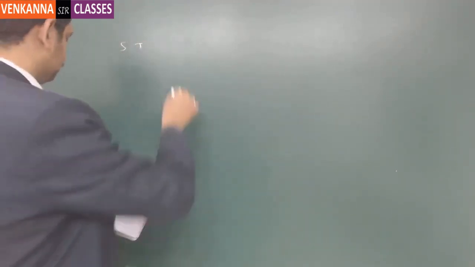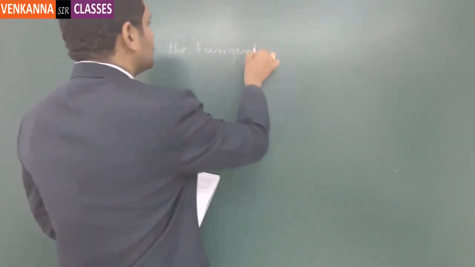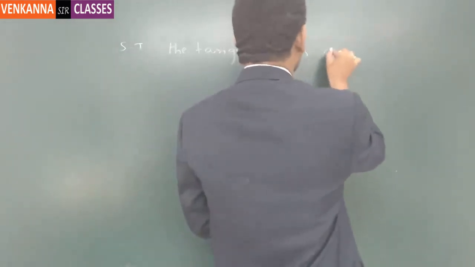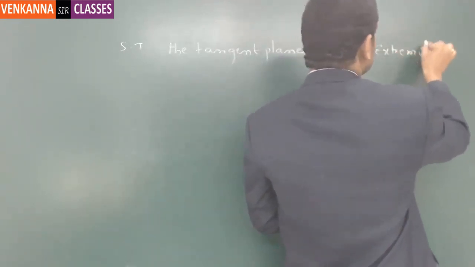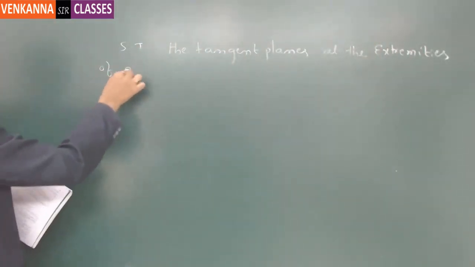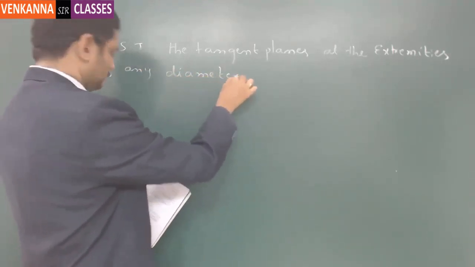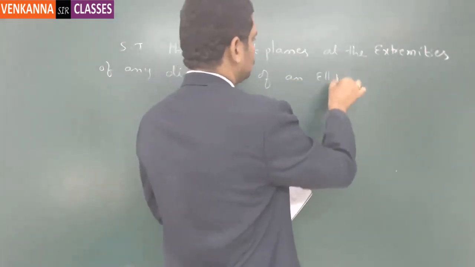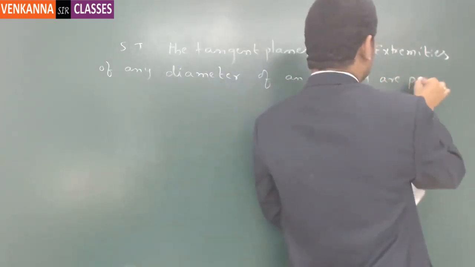Show that the tangent planes at the extremities of any diameter of an ellipsoid are parallel.